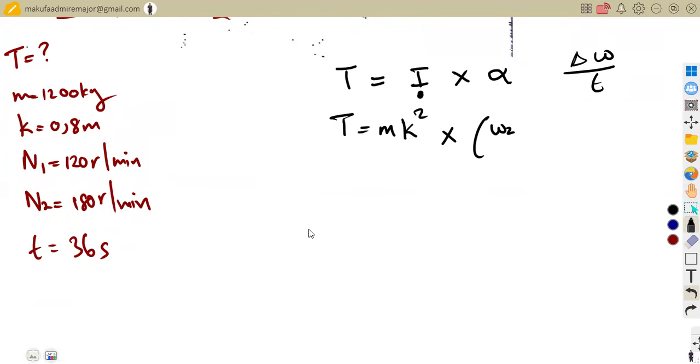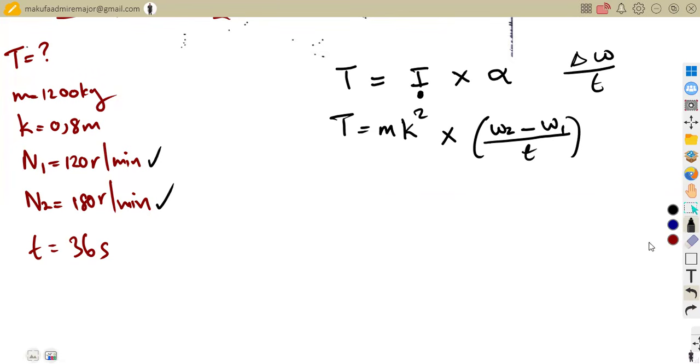If it is a decrease, it's omega1 minus omega2. So it's omega2 minus omega1 because it's an increase, over time. We have to calculate omega2 from N2 and omega1 from N1. Remember, we can substitute again, and you can do your calculations aside.